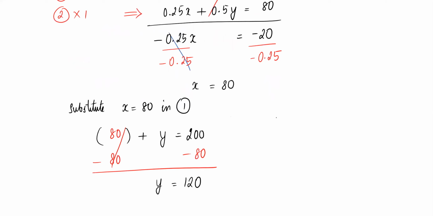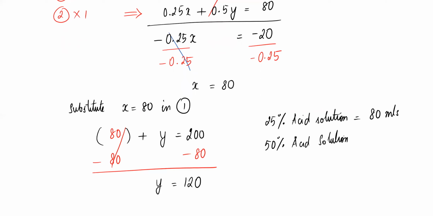Perform the check, come here and conclude. So for the 25% acid solution, we need to take 80 milliliters of it. And for the 50% acid solution, we need to take 120 milliliters.